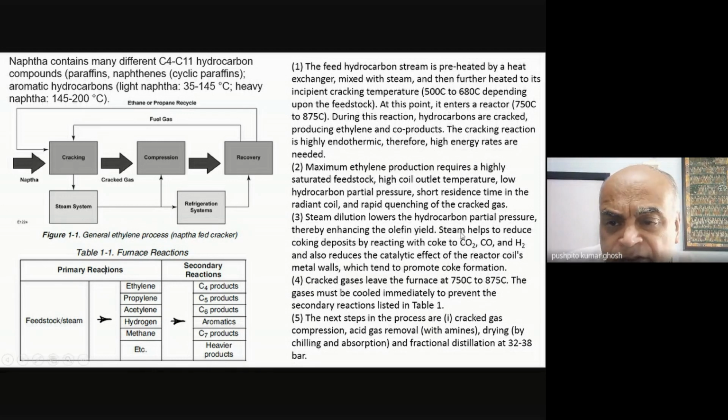It says over here, steam helps to reduce coking deposits by reacting with coke to CO2, CO and H2, and also reduces the catalytic effect of the reactor coils, metal walls, which tend to promote coke formation. The walls of the vessel are also catalytically active, and what the steam does is that it kind of deactivates the metal walls through this kind of operation.